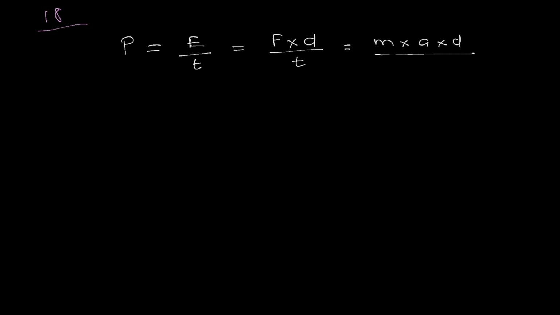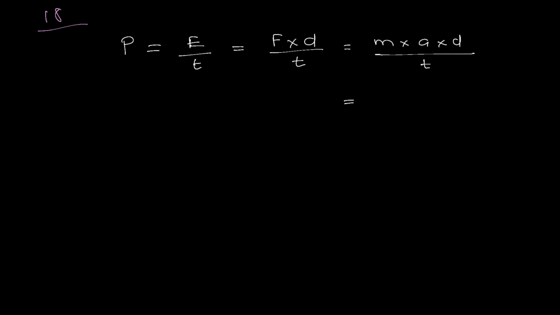Question 18. Which is a correct statement about mechanical power? Well, mechanical power, P, is equal to energy over time, and energy is force times distance, and then over time. But force is ma, that's mass times acceleration, and then times distance all over time.